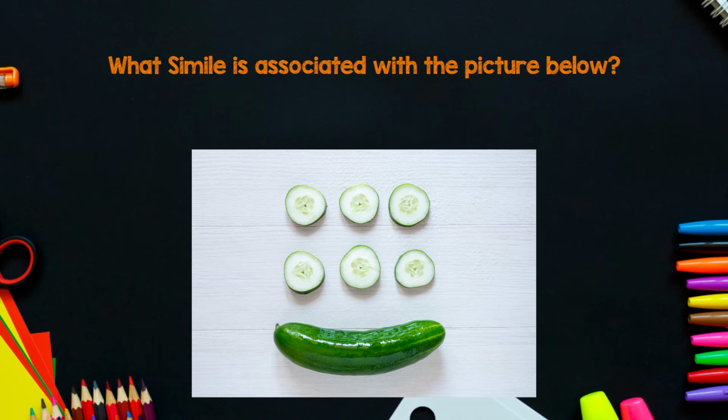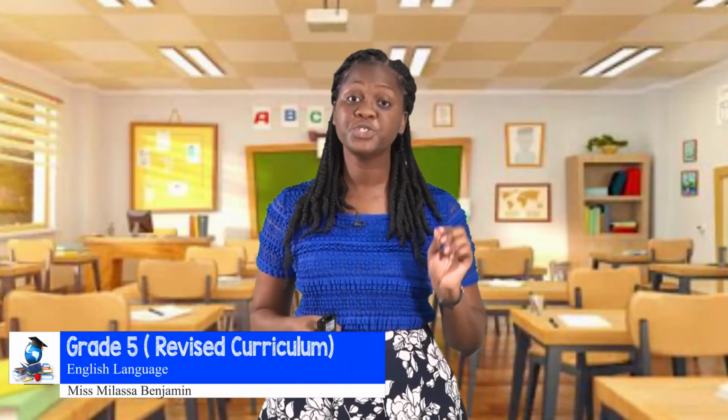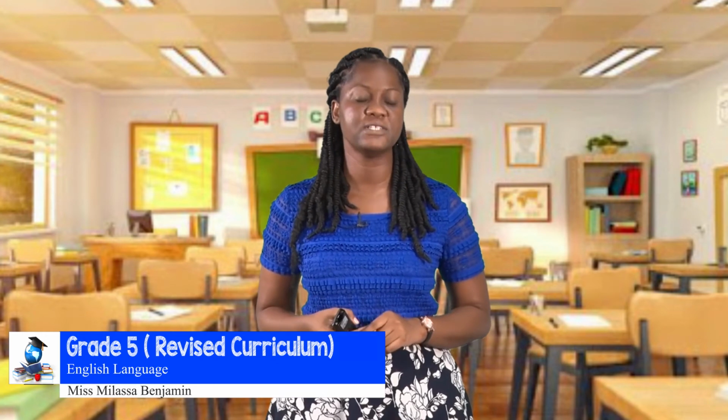Do you know what simile is associated with this vegetable? Definitely, as cool as a cucumber. So boys and girls, I'm sure you're getting the hang of similes. So let's move on to another exercise.